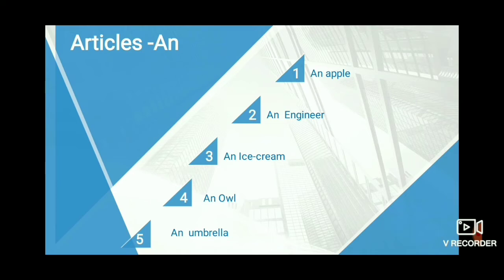Apple, engineer, ice cream, owl, umbrella take an. In natural speech, we don't stress an, we say an. Example, an apple, an engineer, an ice cream, an owl, an umbrella.